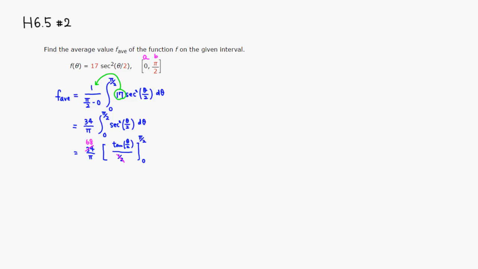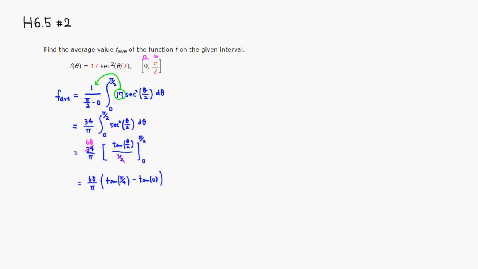So we have 68 over pi, and plug in pi over 2, so you're going to get the tangent of pi over 2 over 2, so it's the tangent of pi over 4 minus tangent of 0.